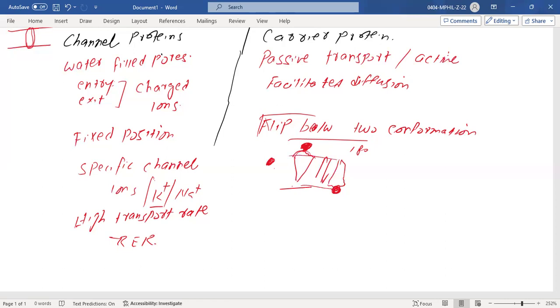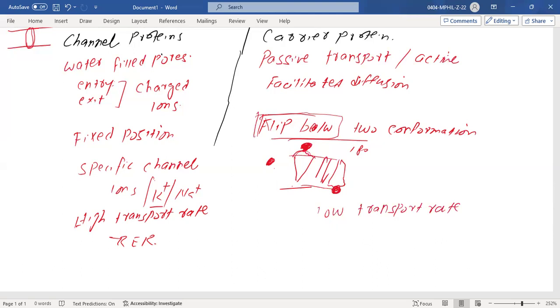So low transport rate. Here the transport rate is low. Remember, low transport rate. Why? Because this protein conformation will take time. This flipping is not in a moment.